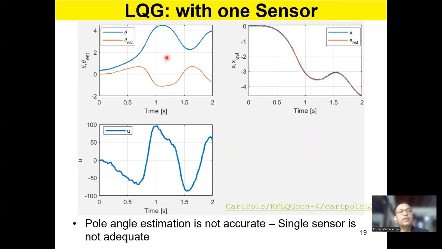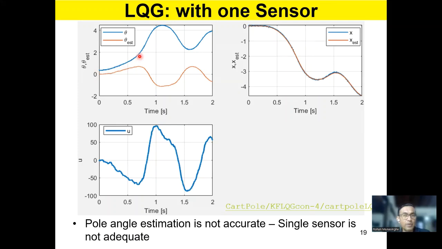However, over here, the pole angle and pole angle estimate are not equal. Initially, you can see somewhere over here, the Kalman filter starts with 0, but you start the pole angle with some value. The Kalman filter doesn't know that value, starts with 0, but it tries to gradually converge to the actual theta.